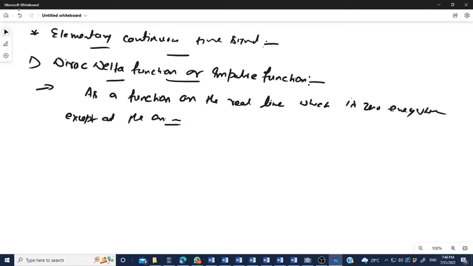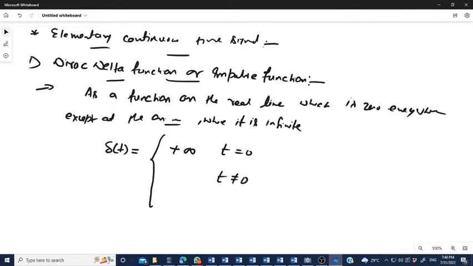At the origin it is infinite. It is represented by delta t, the Dirac delta function. It is defined at t equal to 0. At the origin the value is infinite, otherwise the value is 0. Everywhere else it is 0.